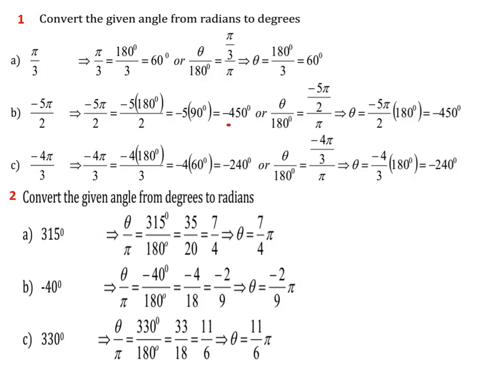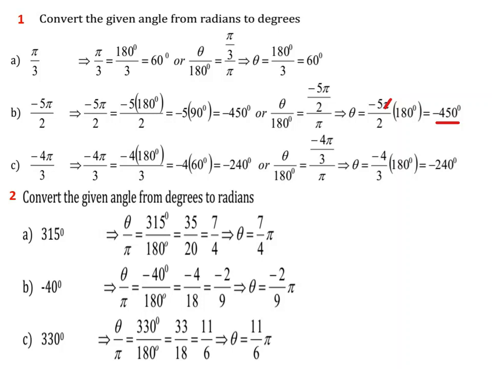Or another way is using theta over 180 degrees equals minus 5 pi over 2 over pi. So theta is minus 5 over 2 times 180 degrees, the same as minus 450 degrees.